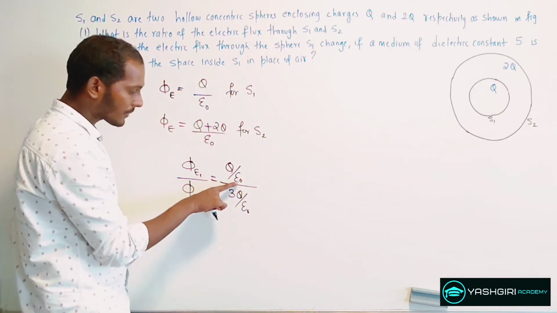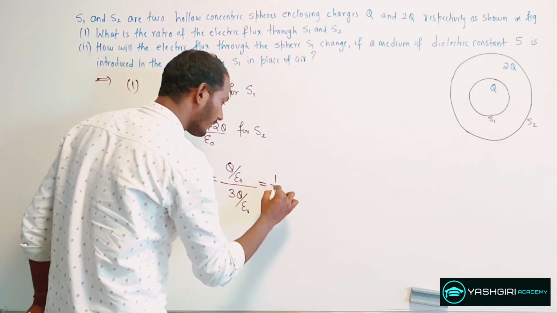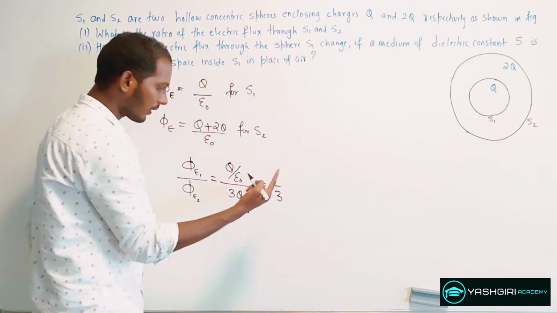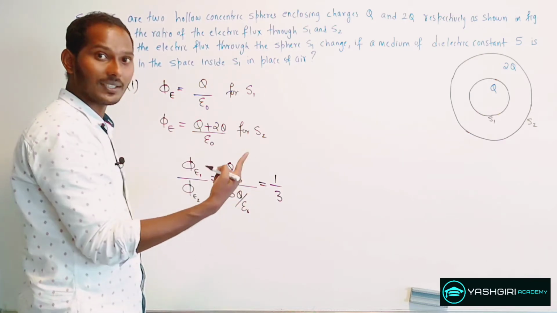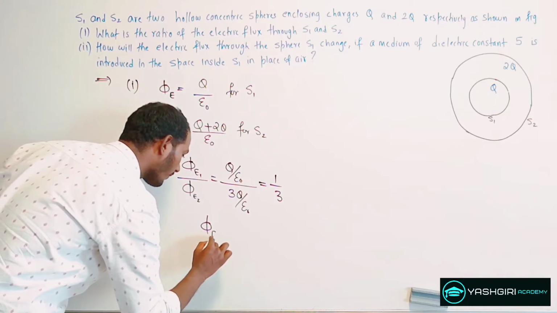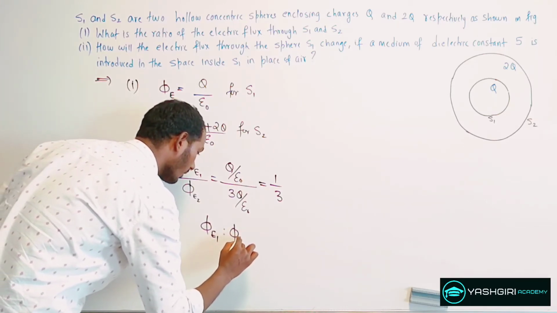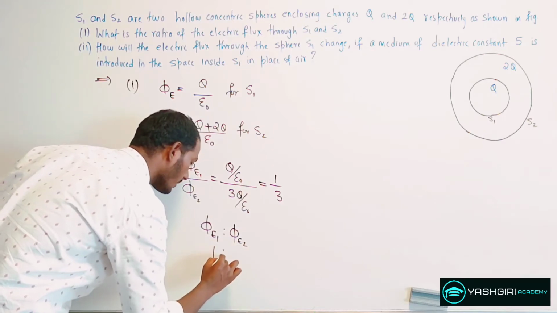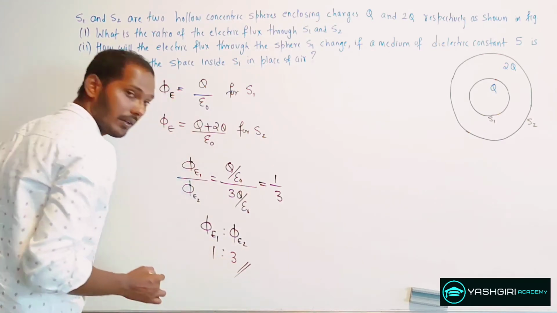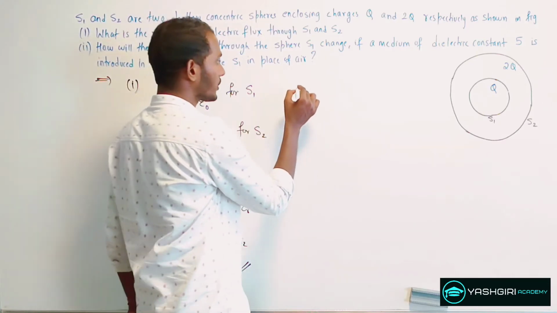Here Q by epsilon naught and Q by epsilon naught get cancelled, and what you are left with is 1 over 3. So the ratio of phi of E1 to phi of E2 is 1:3. So that's the ratio of the electric flux, and that's for this first question.